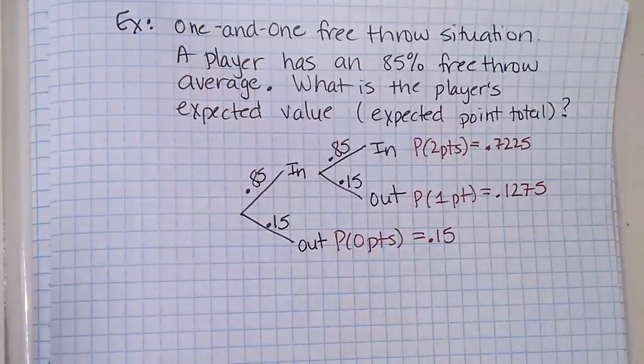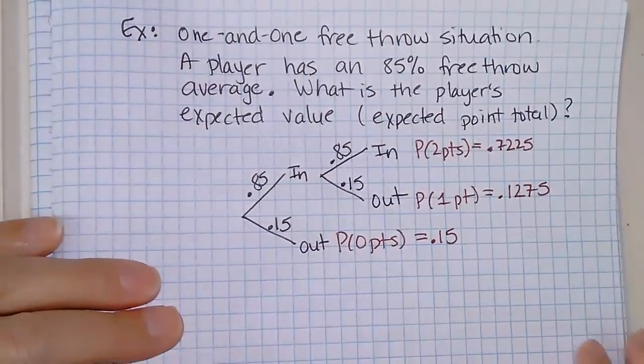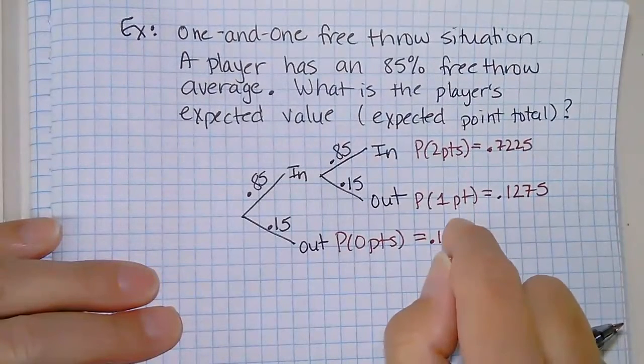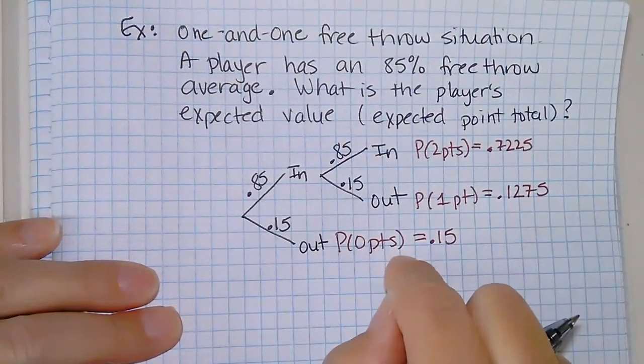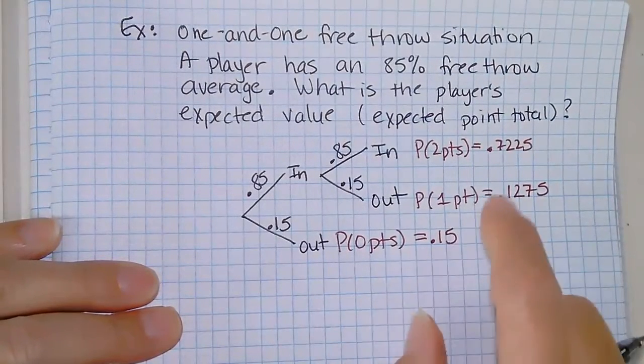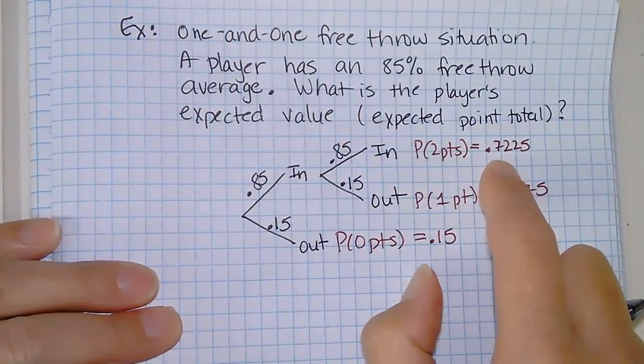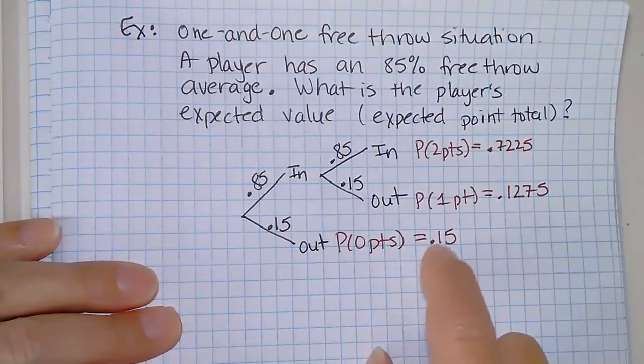Okay, so that's always a way to double check yourself. So again, this is the probability of getting 2 points. This is the probability of getting 1 point. This is the probability of getting 0 points. So they're most likely to get 2 points. Okay, they have a 0.15 probability of getting no points at all.